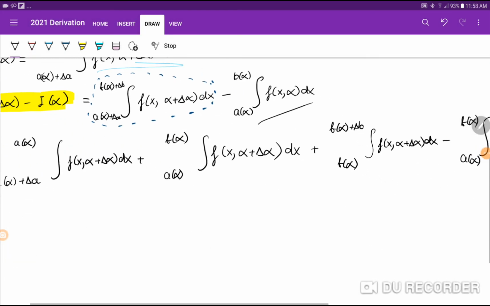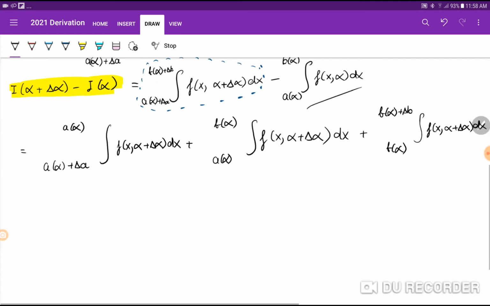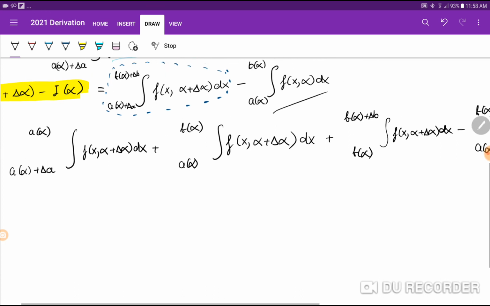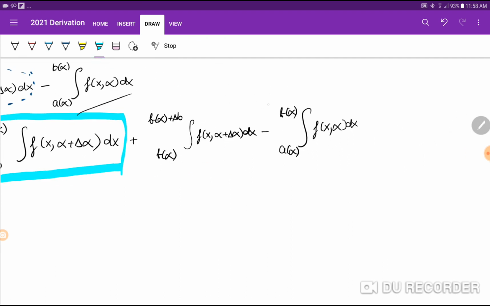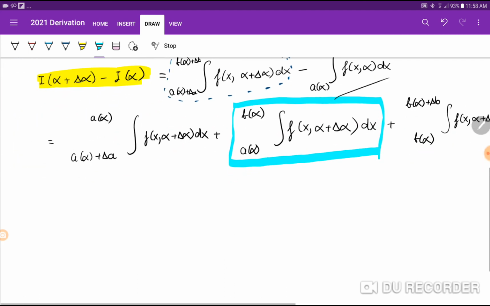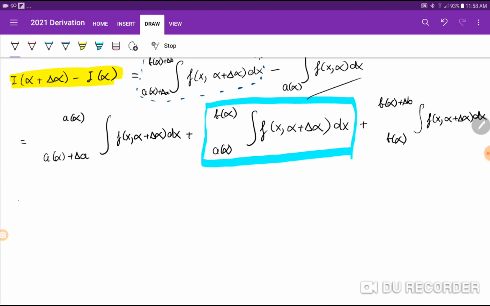Okay, so now the next step is I'm gonna group this term with this term. I'm gonna rewrite the first two terms.